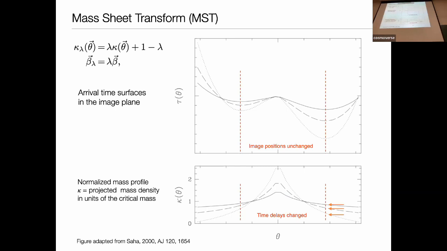Lens images form in potential wells, let's say, in this surface, because that's where the time is minimum. So the images for this split profile will always form at the same position. But the time delays, so the difference between this bump here and this bump in tau, is larger for the dotted line here than for the solid line. So you change the delays, but you don't change the other lensing observables.